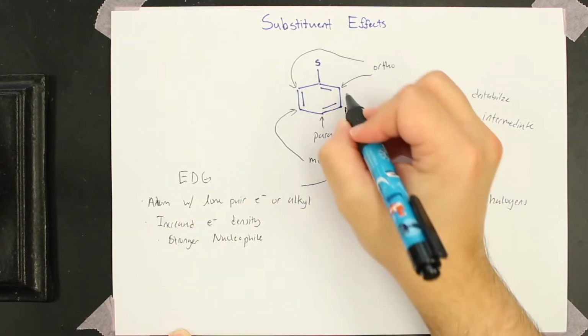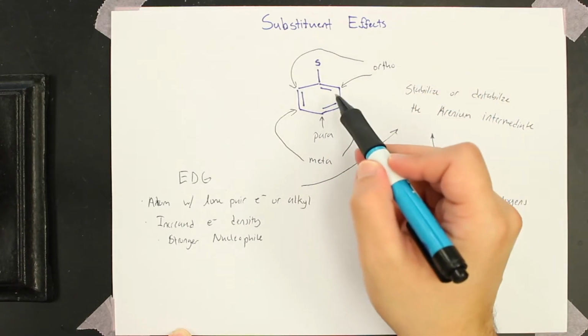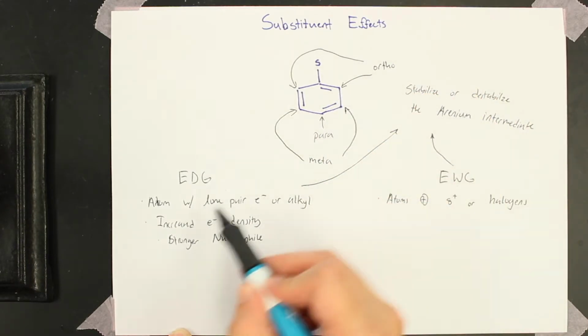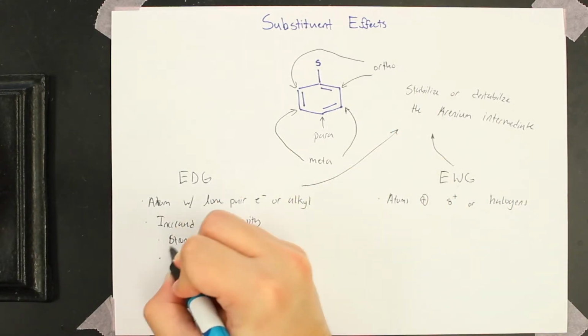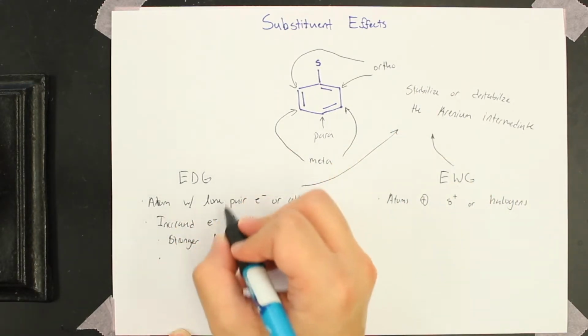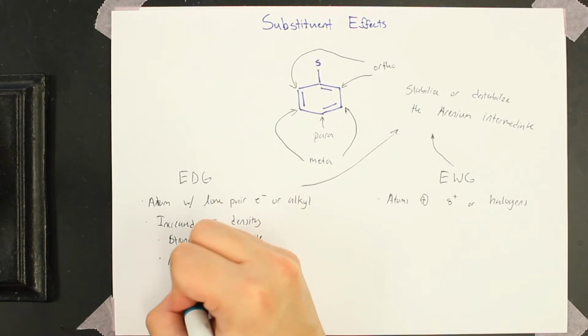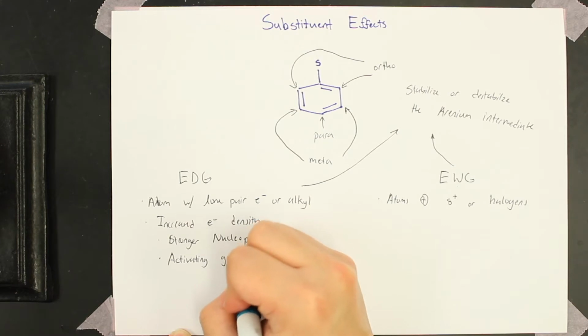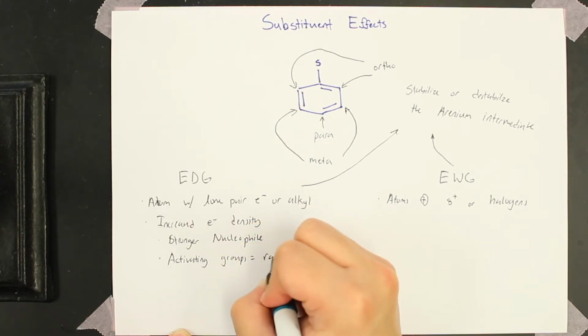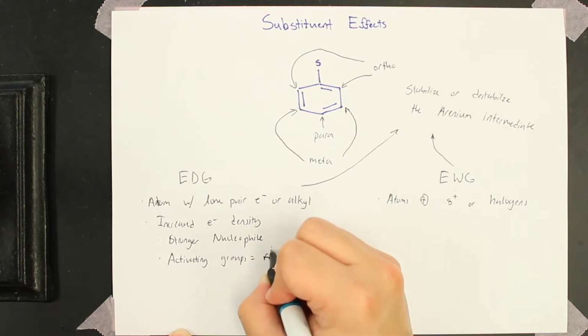In an EAS reaction, benzene is acting as the nucleophile, and if we're pushing electron density into the ring, it makes it a stronger nucleophile, and hence it reacts faster. So electron donating groups are referred to as activating groups. So it reacts faster.